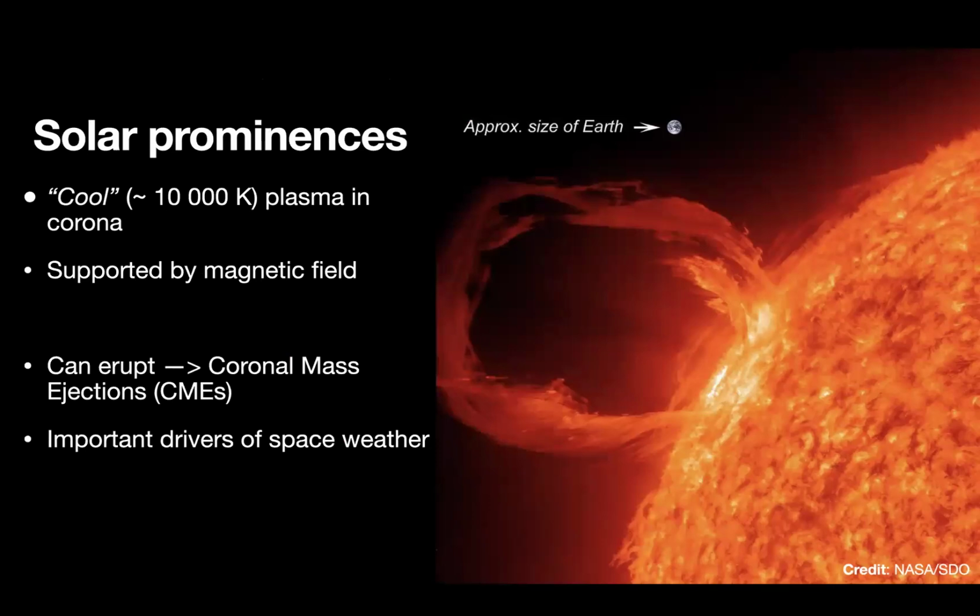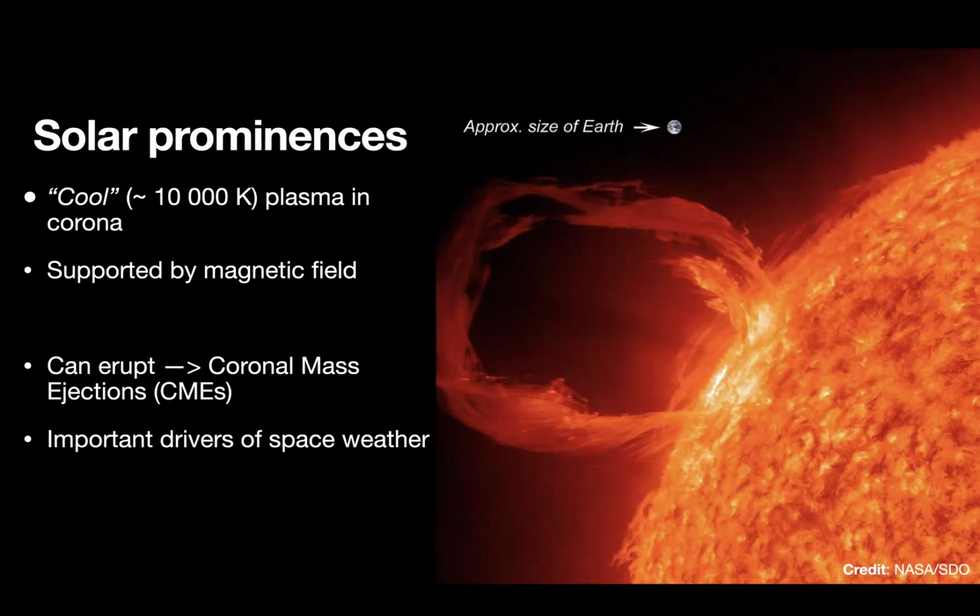So the third science case that was identified was that of solar prominences. Solar prominences are large structures of relatively cool chromospheric plasma of the temperatures of around 10,000 Kelvin or less that is extended far into the solar corona, which is much, much hotter than that.